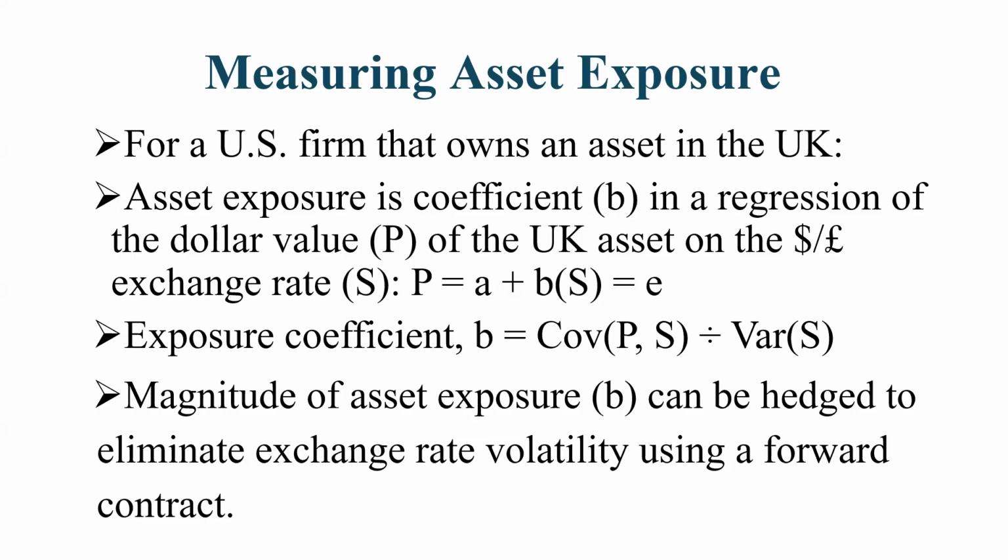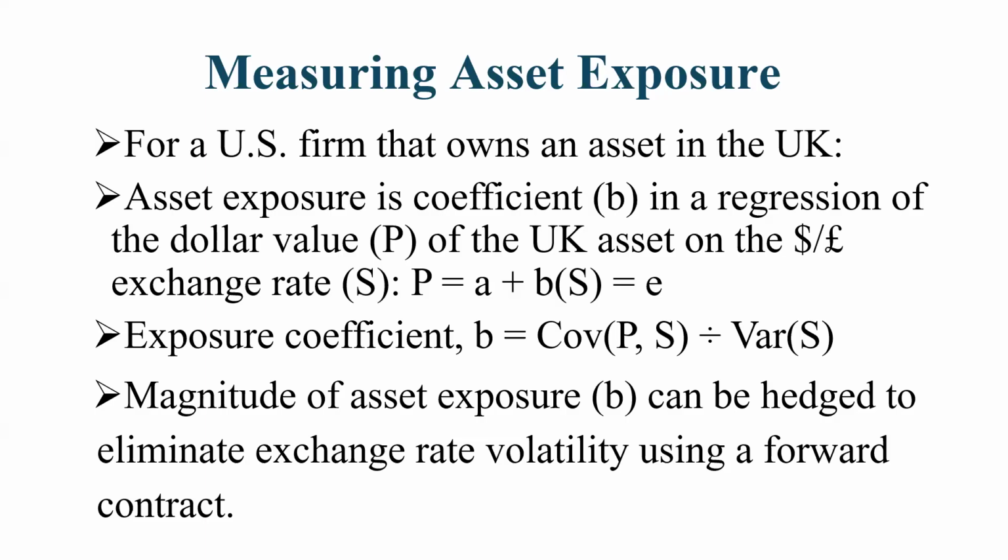Now, the sign of the B coefficient, whether it's positive or negative, will indicate the direction of the relationship between asset value P and exchange rate S. A positive coefficient means that as the exchange rate increases, the asset value P would also increase.